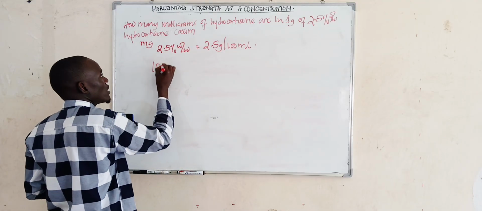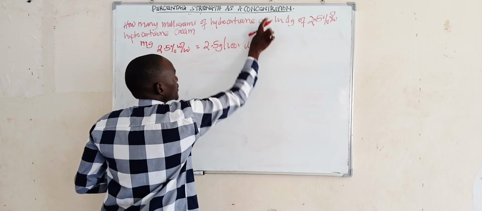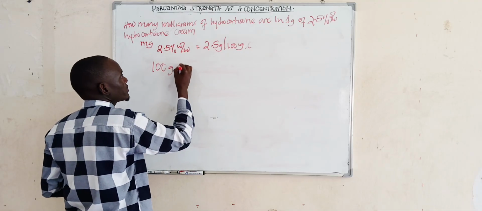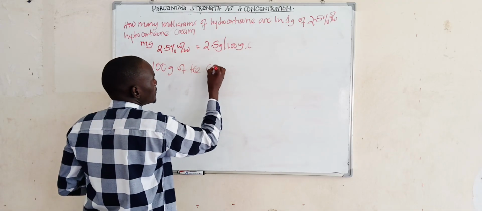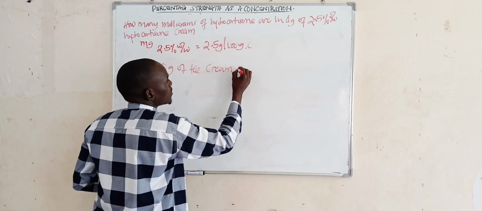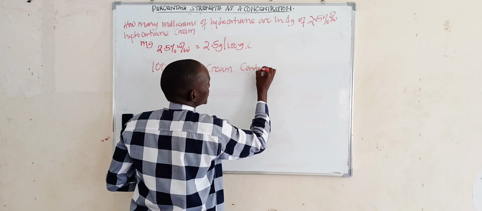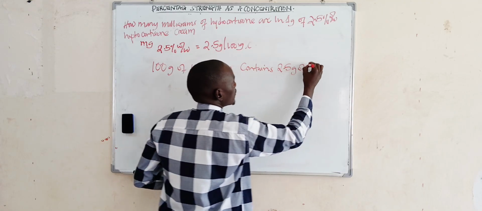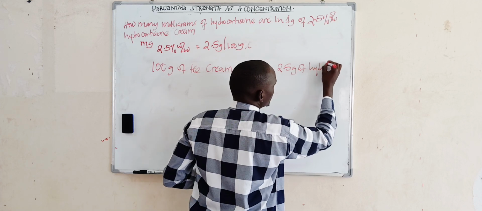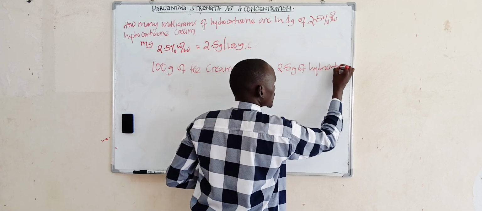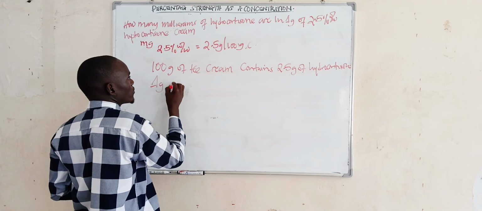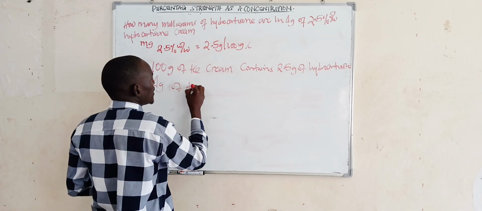So we shall say 100 grams of the cream contains 2.5 grams of hydrocortisone. How about the required, which is 1 gram of the cream?